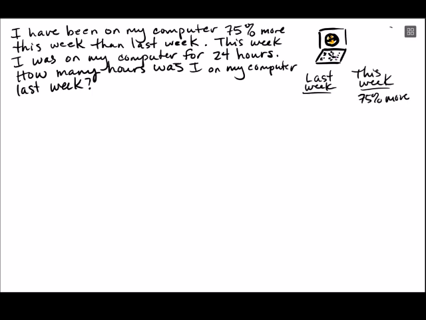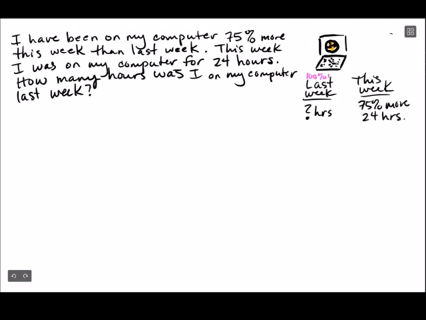And I also know that this week I was on my computer for 24 hours. So last week, we want to know how many hours I was on my computer. This tells us that last week is going to be our 100% or our whole, and this week is going to be our part.